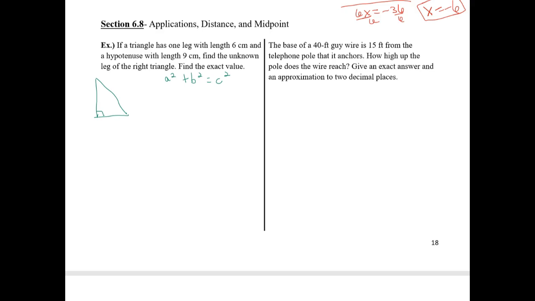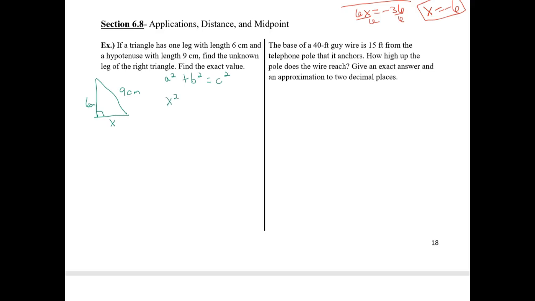What we do know is the length of one leg is 6 centimeters, and the length of the hypotenuse, so the longest side, is 9 centimeters. We want to find the unknown leg. I'm going to go ahead and fill that into my equation here.